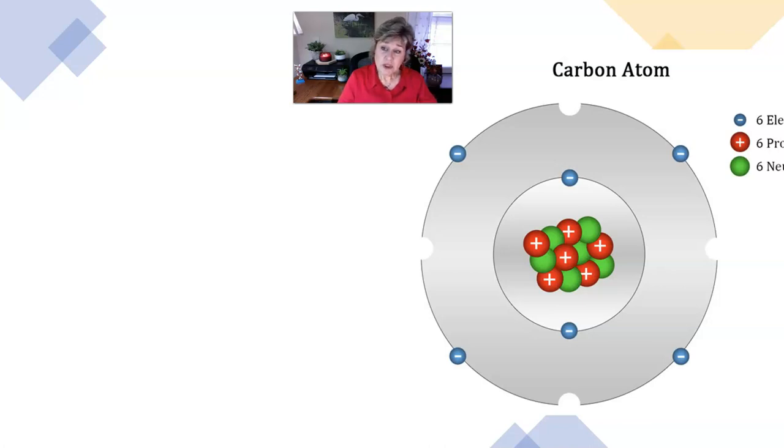So it is willing to share 4 electrons with other atoms or molecules. And that's what makes carbon such a good element to be the backbone of biological molecules, because it can form very complex, very large molecules of all different types and shapes and sizes because of this need that it has to share 4 electrons with others. Okay, so that's the importance of carbon as an atom.